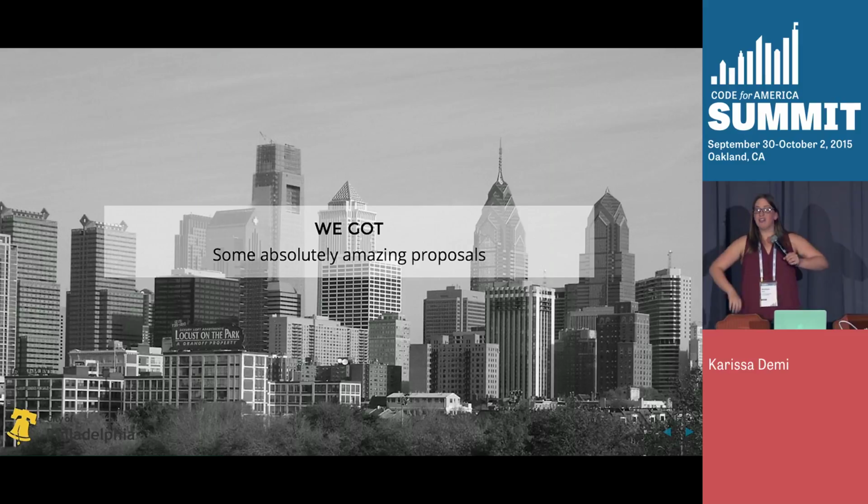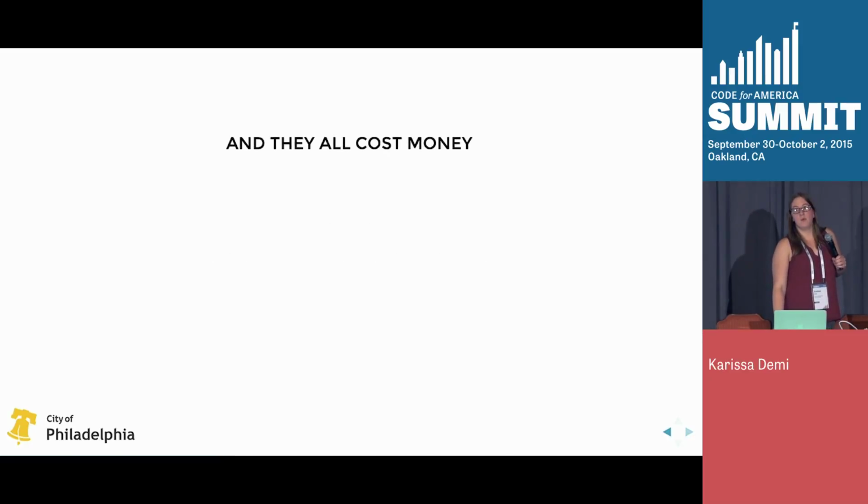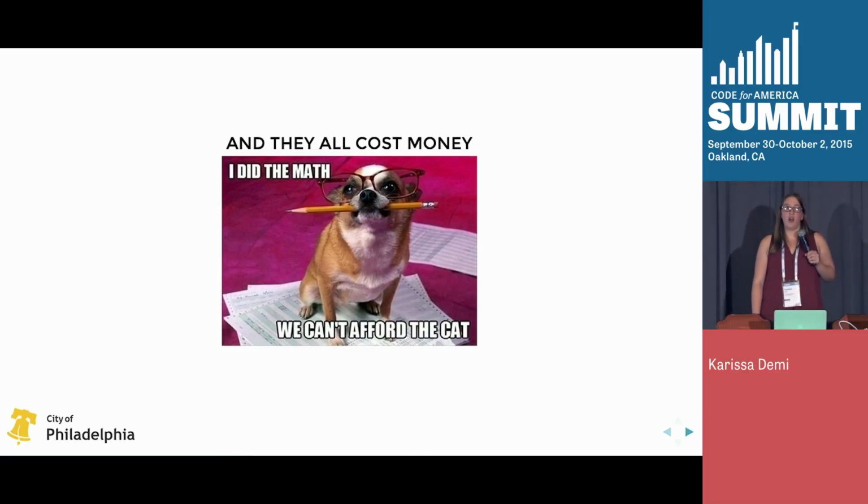But Philadelphia is fantastic, and we got some really, really wonderful responses to that RFP, and we were really excited. The problem was that they all cost a lot of money, and so that was kind of a problem because we didn't really have a budget for this project.